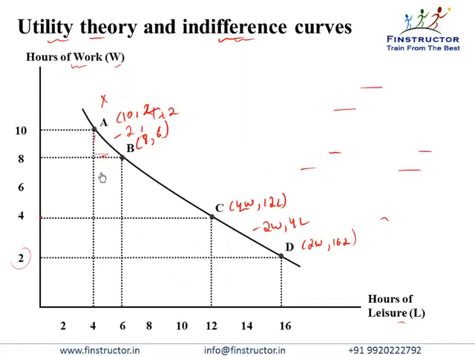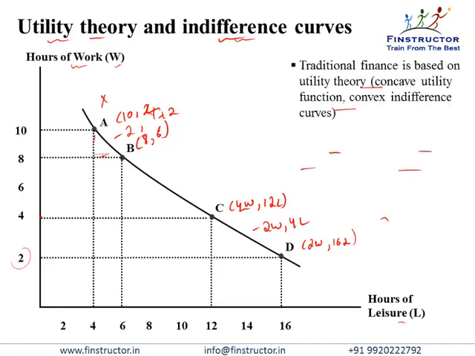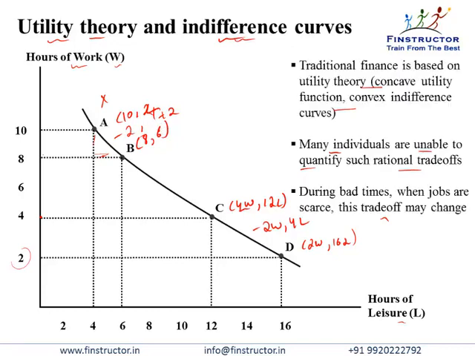Similarly, more wealth does not give him as much satisfaction as the first few units. So first few units of work can be thought of as first few units of wealth. They give him a lot of satisfaction. He's pricing them at 4 hours of leisure. But the last 2 units of work or the last 2 units of wealth are not as valuable. He's pricing them at only 2 hours of leisure. Understood how the utility function and the indifference curve theory is consistent.